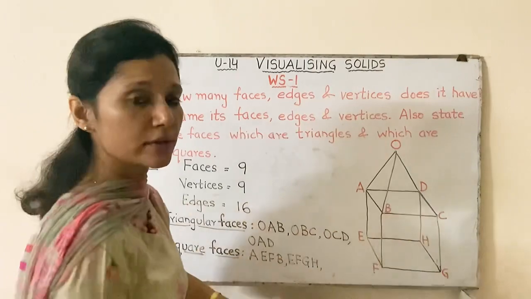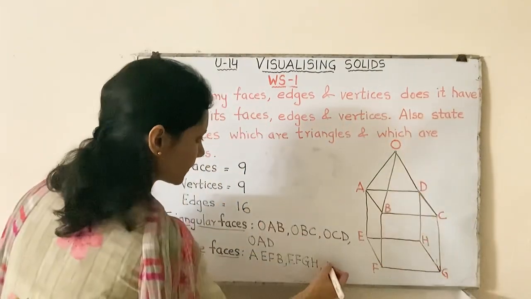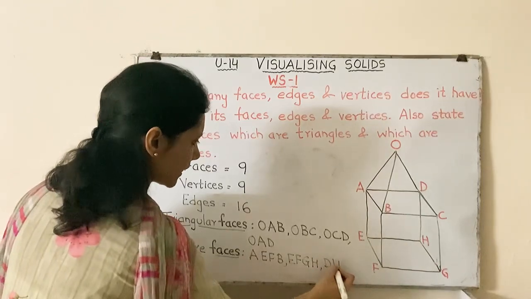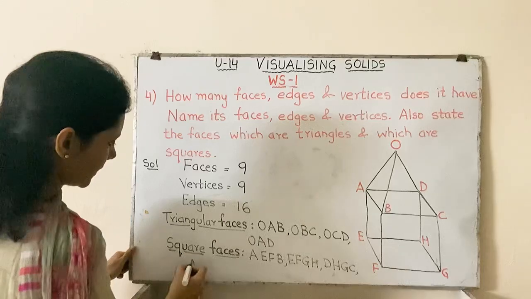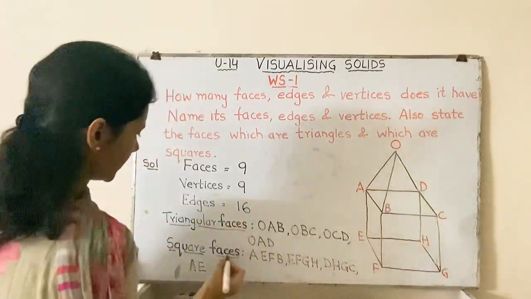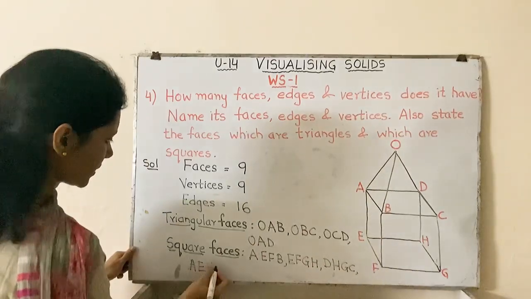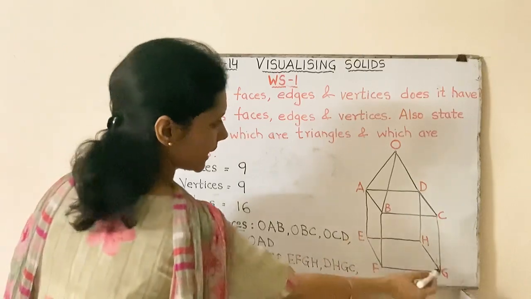Then again the face on the right hand side is DHGC. Then AEHD. Similarly, one in the front, that is BFGC.